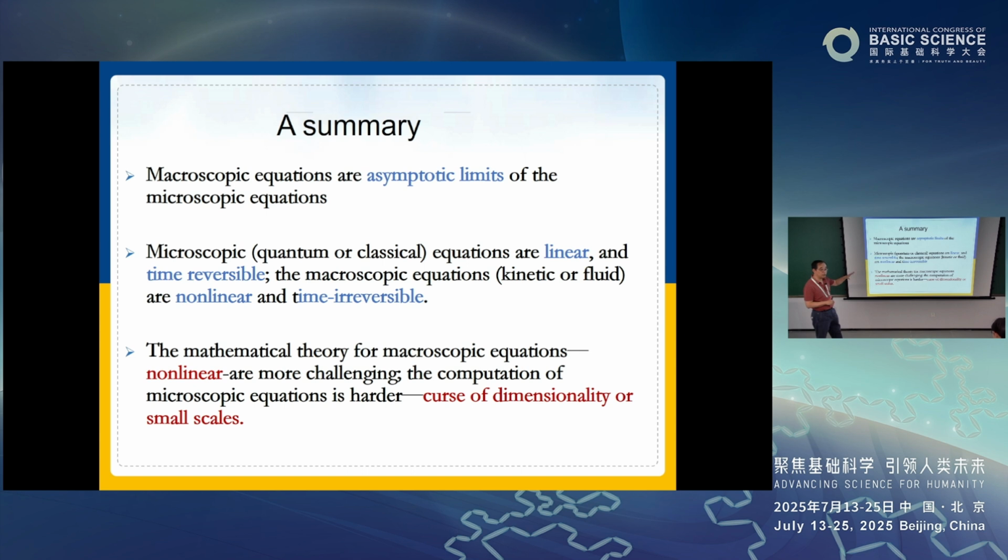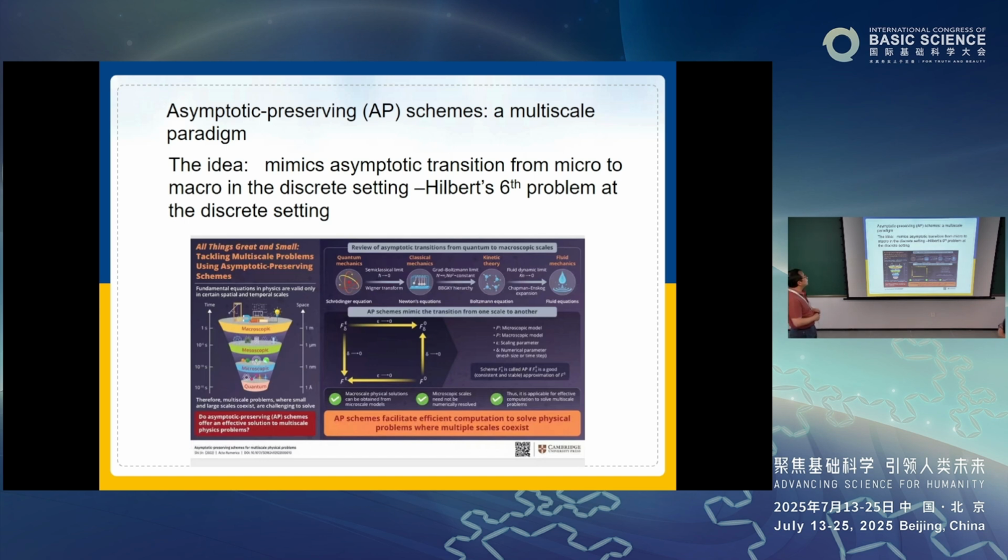If you have a big result, you can fill them. But the numerical computation is harder at the microscopic level. Not because the equations are harder, but the degrees of freedom are too large. You have the curse of dimensionality. All right. So basically, now I come back to this poster. Essentially, I explained how the mathematical transition goes from one scale to the other, right?